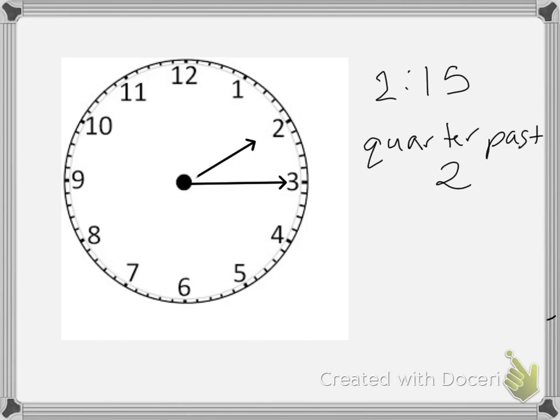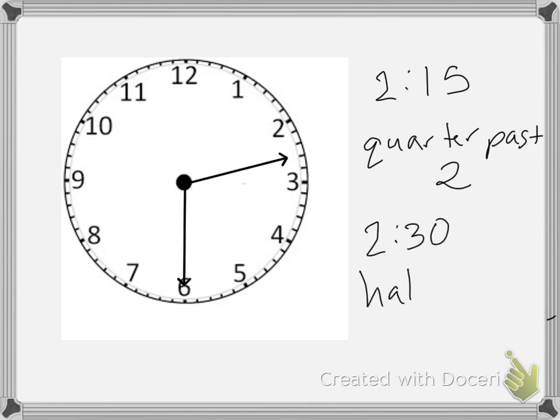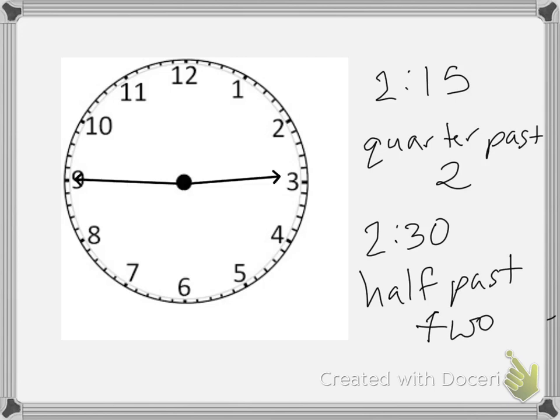If I move it again to this time, this is now 2:30 or half past 2. And if I move it one more time to here, this time is 2:45 or a quarter to 3.